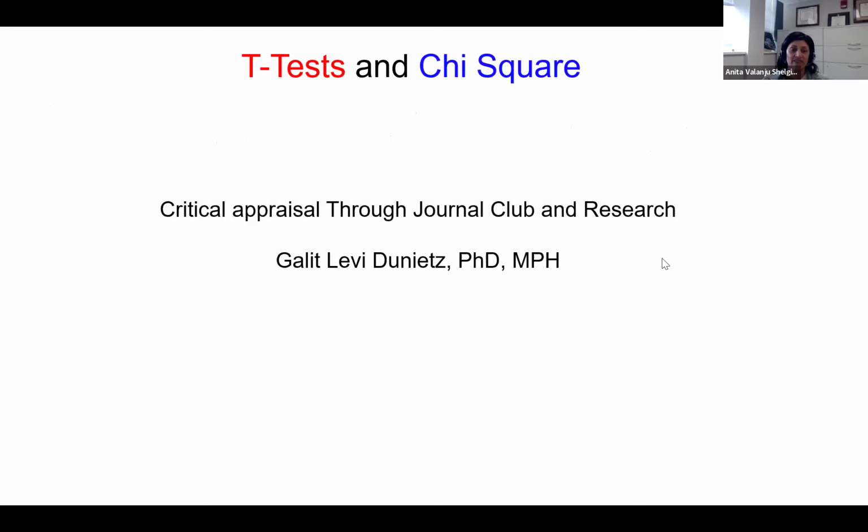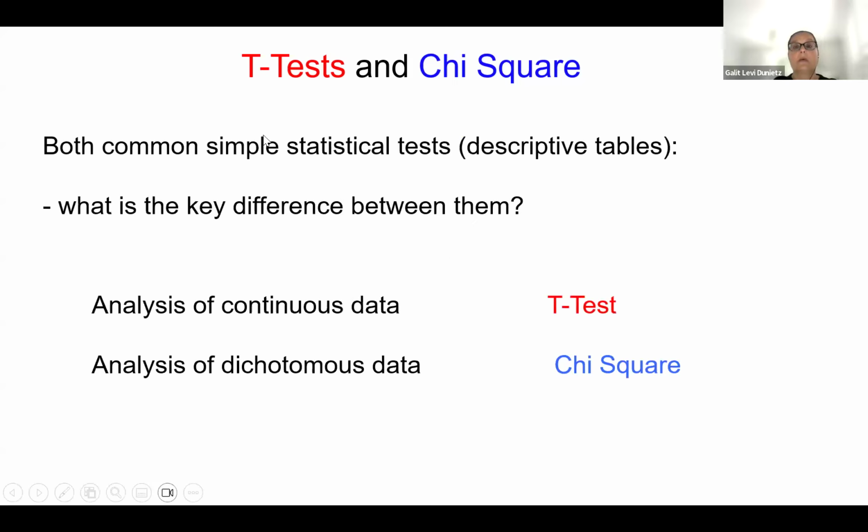Exactly. Okay, great. So welcome everyone. Today I'm going to be presenting on t-test and chi-squares, and this is part of our series called Critical Appraisal through Journal Club and Research. So what are t-tests and chi-squares? They're both simple statistical tests that are used in descriptive tables of most papers that you will read.